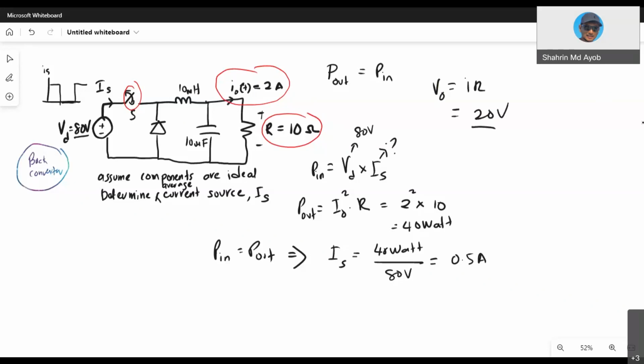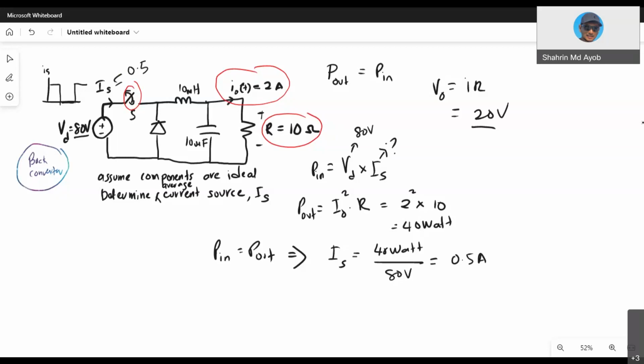Even though it is stepped down, because you want to maintain the power, P in equal to P out, meaning that the current is actually increasing. The IS here is 0.5, but the output current is 2 amperes. Because P in must equal P out, if you reduce the voltage, the current will go up.